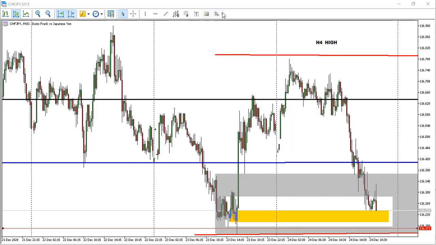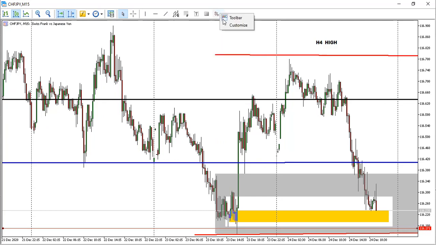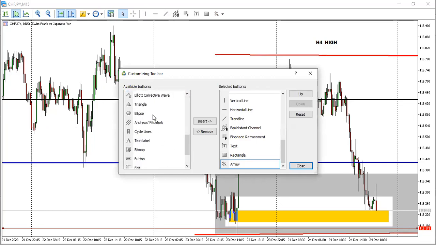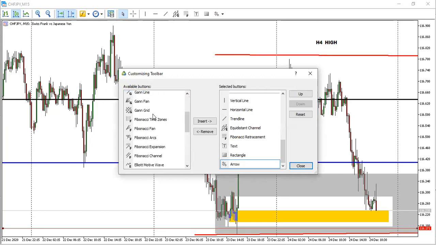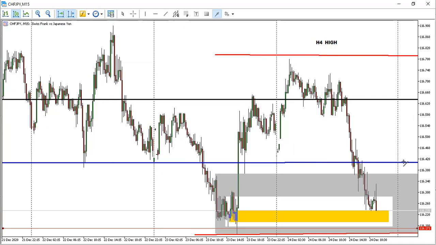So if you want to mark this, you can just now use an arrow. Let's look for an arrow. Where is the arrow? We want to see from this place.